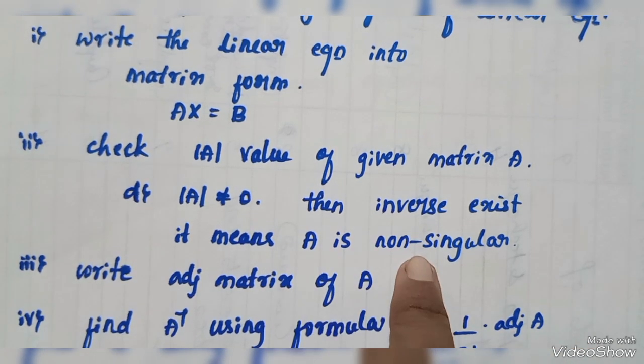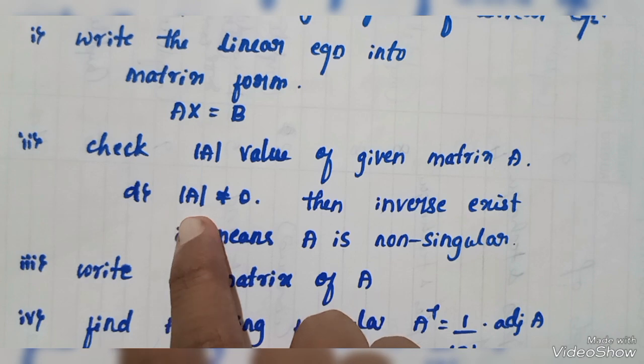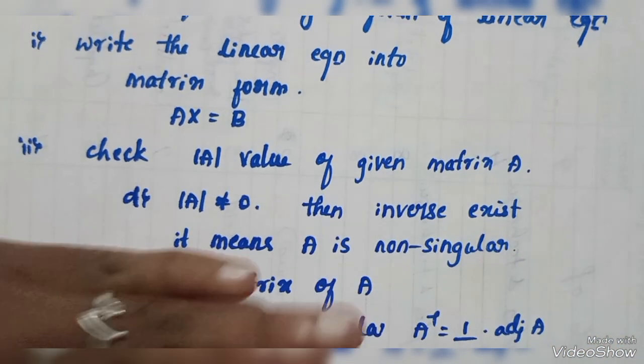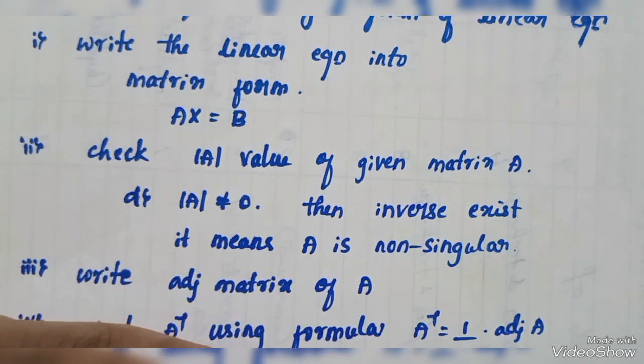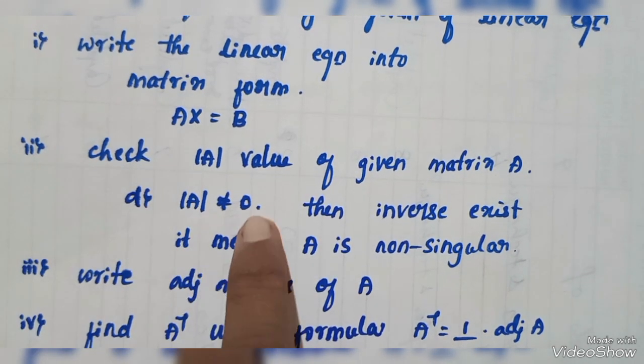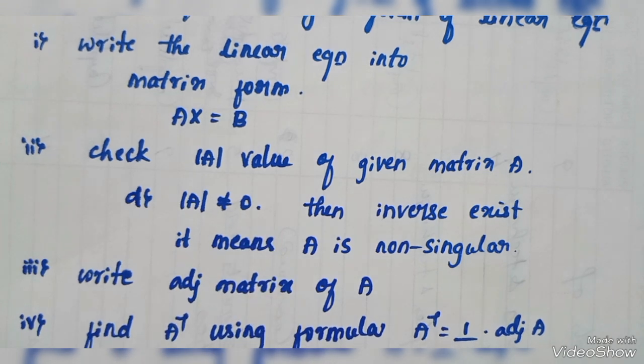It means A is non-singular. If the determinant is equal to 0, then there is no solution, so don't do all these steps. If determinant of A is not equal to 0, only then you check these steps.